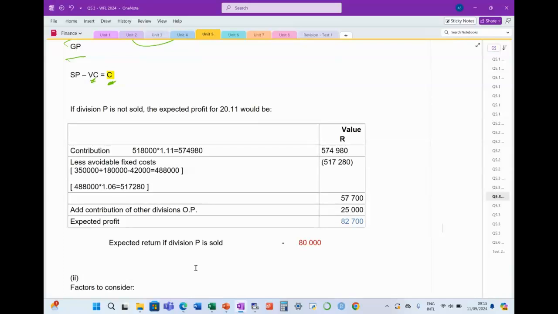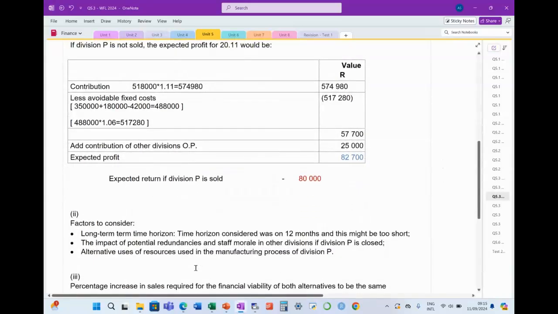Then they say consider other factors that may influence the decision. That's all just theory. Here you can see they say long-term time horizon. The time horizon considered was 12 months, and this might be too short. Then there's the impact of potential redundancies and staff morale in other divisions if division P is closed.